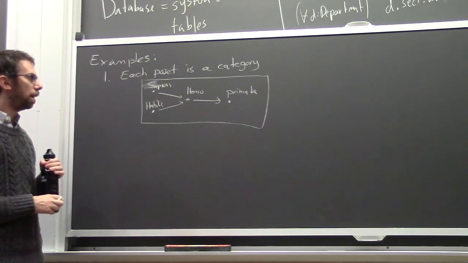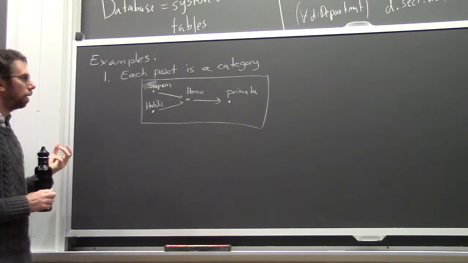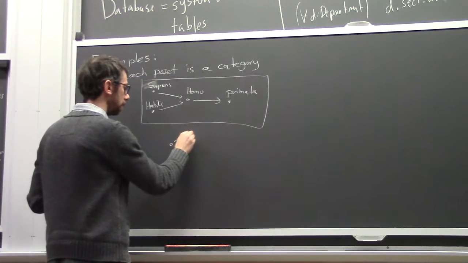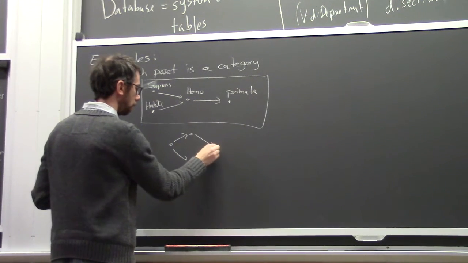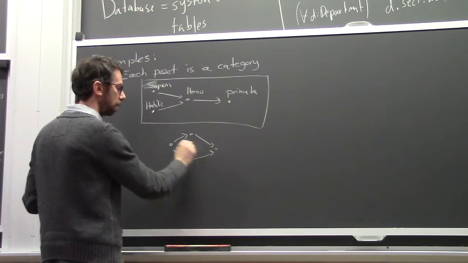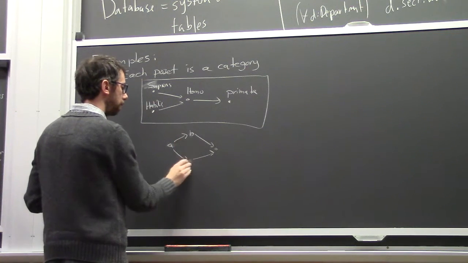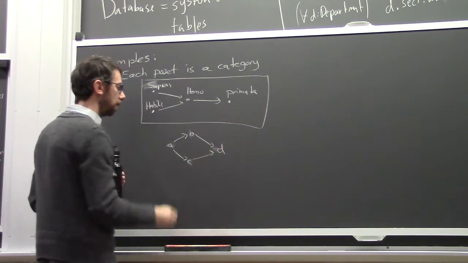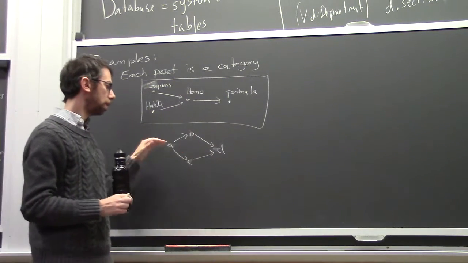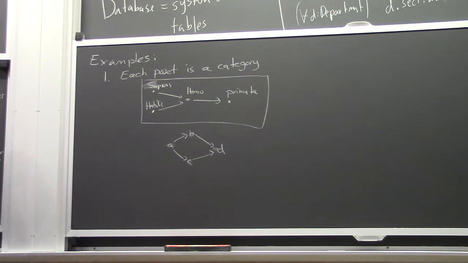Now in a poset, we make another thing, which is that there's only one way to get from one place to another. So if you had something that looks like this, I guess we would say that A is less than B, and B is less than C, and C is less than D, and A is less than D. There's just one kind of composite, there's just one morphism from anything to anything else, or no morphisms.